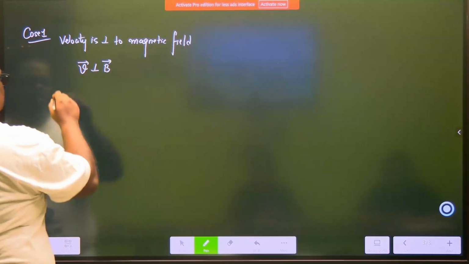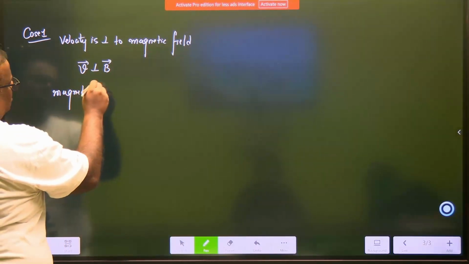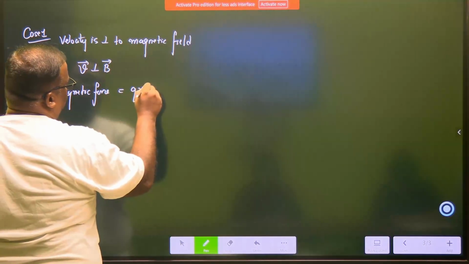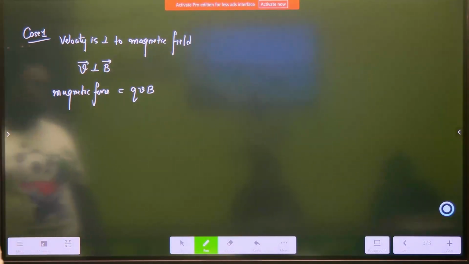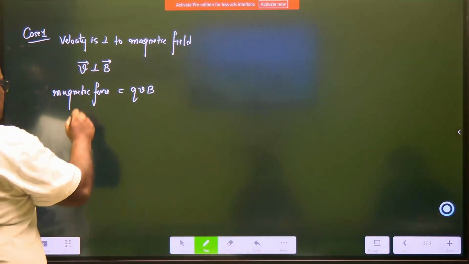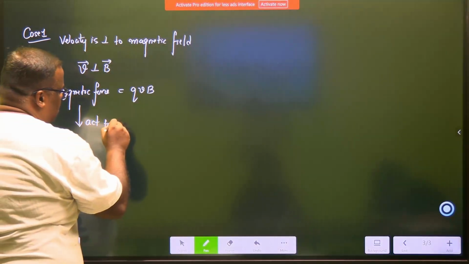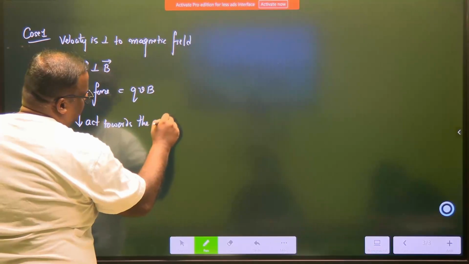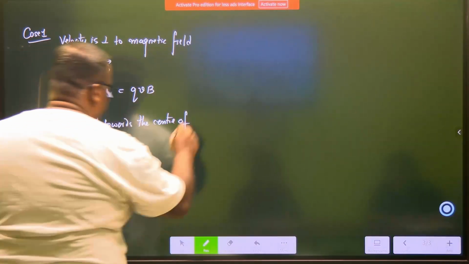So in this case, what is the magnetic force? As you learned, it is given by qVB. Agreed? qVB. Now this magnetic force will always act towards the center of the path.